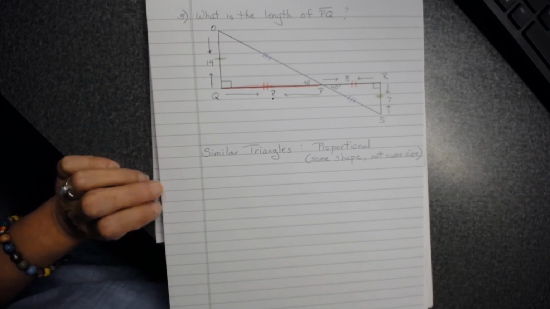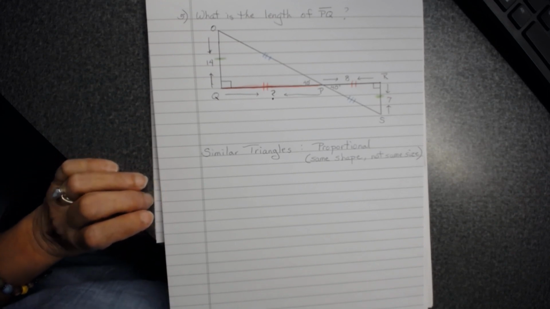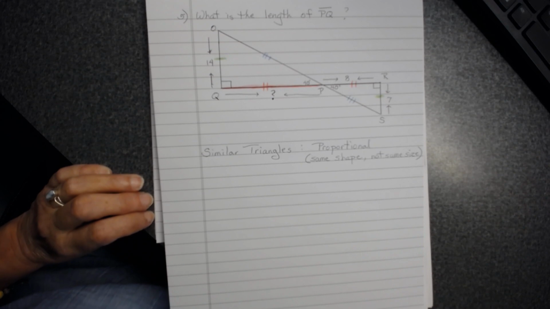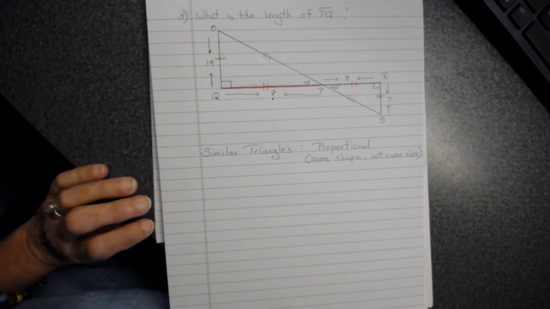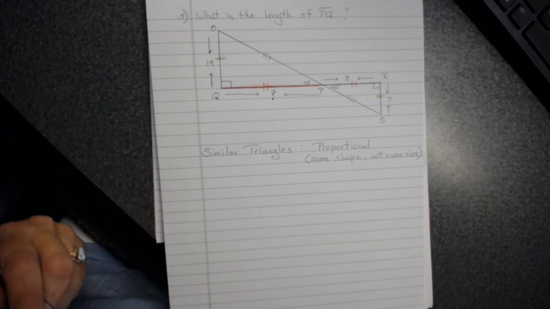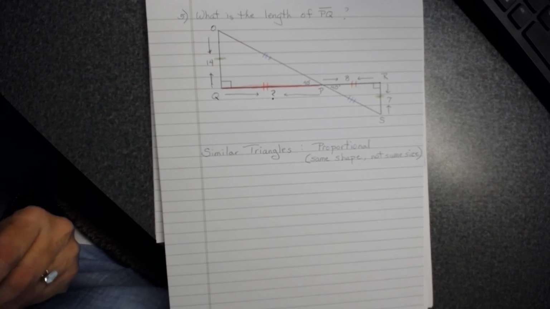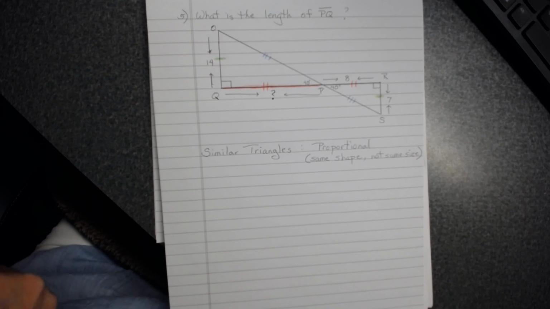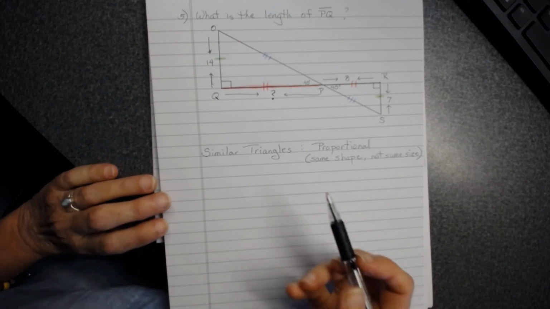Okay, so with this drawing, let's set up our proportion. Let's compare sides, okay? We have one missing. If we know 3 out of 4, we can find the missing 4th side very easily.